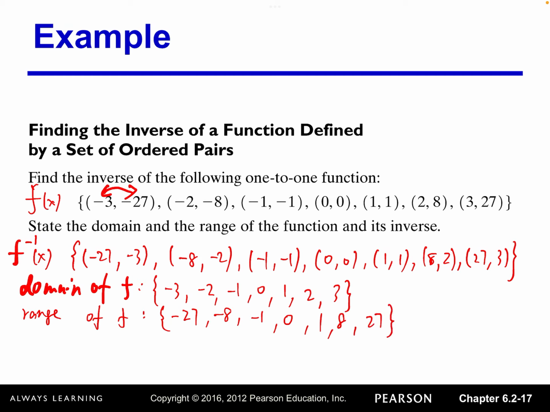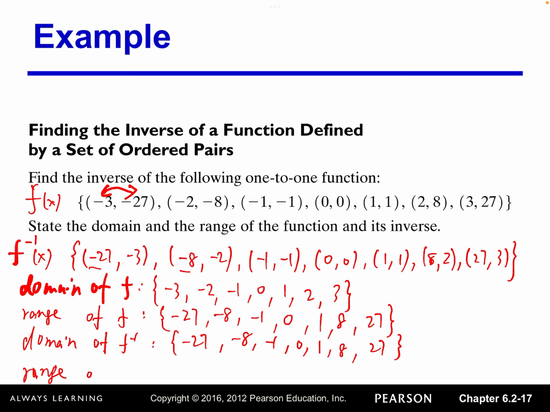So what is the domain of the inverse function? This is all the x's of the inverse, which is -27, -8, -1, 0, 1, 8, 27. And what is the range of the inverse function?